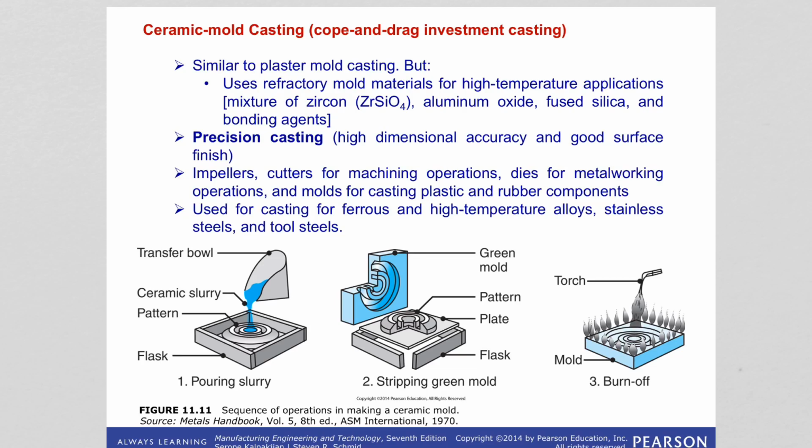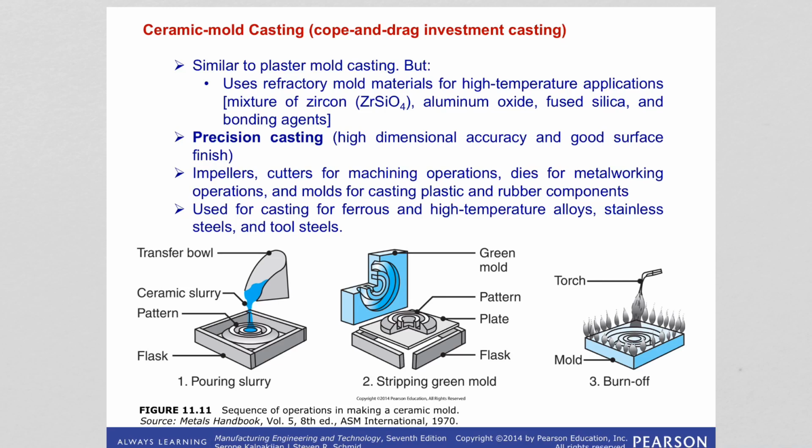Ceramic mold casting, also called cope and drag investment casting. This is similar to plaster mold casting, except in this case refractory mold materials are being used, which can withstand high temperatures.